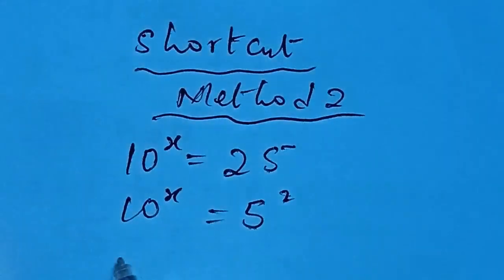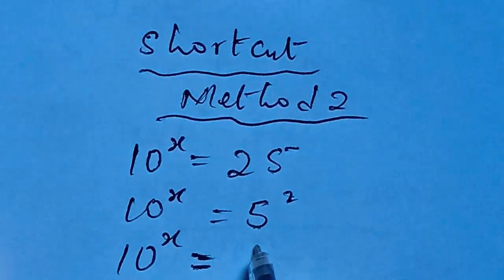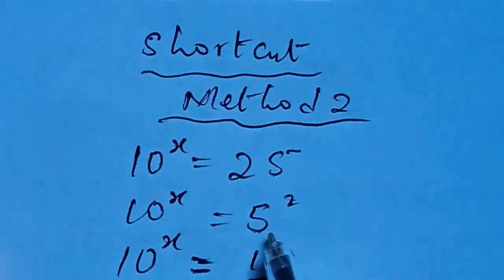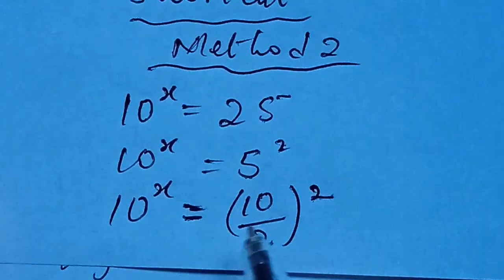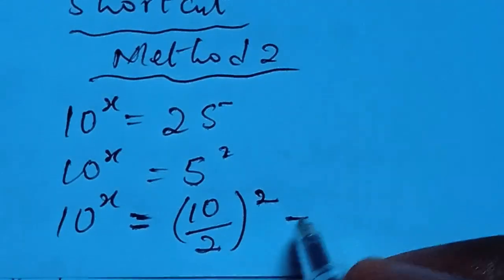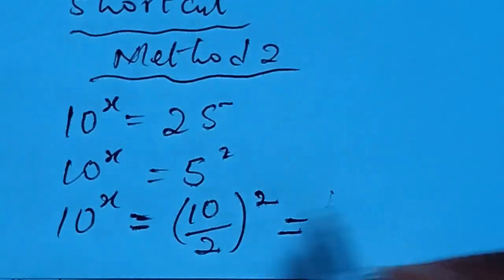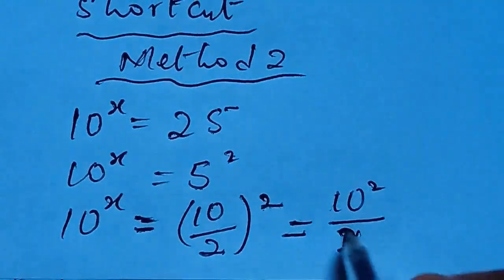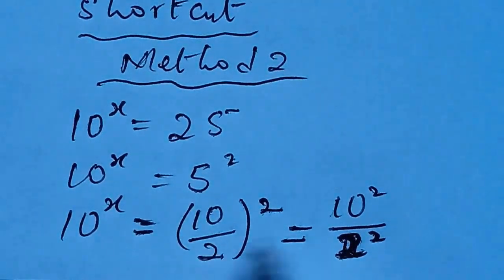In another way, we can also say 10 to the power of x is equal to 10 over 2 squared, since 10 over 2 is given by 5. Then we can now square this, and we multiply the square with what we have in the bracket. So we have 10 to the power of 2 over 2 to the power of 2. We can rewrite this as well.